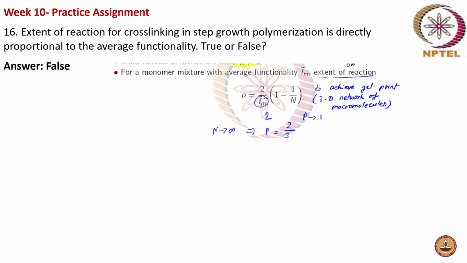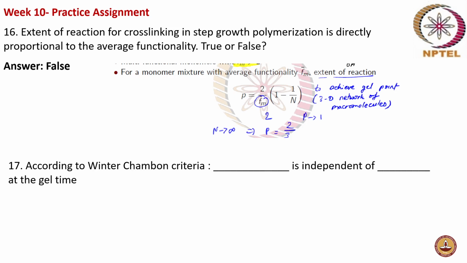If you consider functionality as 2, then the extent of cross-linking reaction is equal to 1, in order to achieve a 3D network. Whereas when the functionality is 3, assuming n tends to infinity, the extent of cross-linking reaction is 2 by 3, which is only nearly 67% of the reaction, and the extent of cross-linking can form a 3D network. So it is inversely proportional to the average functionality.